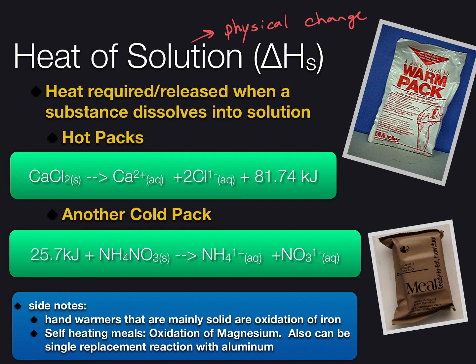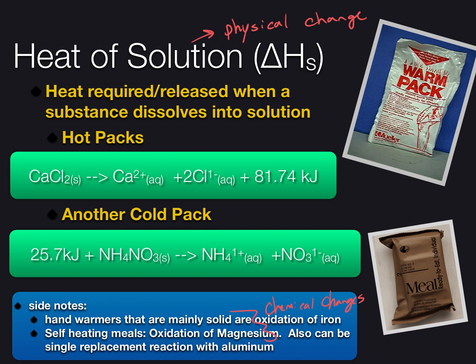And also the same principle applies to those self-heating meals, those MREs, meals ready to eat, where basically you're taking magnesium metal and oxidizing, and that reaction releases a lot more energy, so those heat up much faster. But it's just a single displacement reaction that is causing the magnesium and oxygen to produce aluminum metal, and that is also another way to generate heat. So these are examples that you might be familiar with, but these are chemical situations.